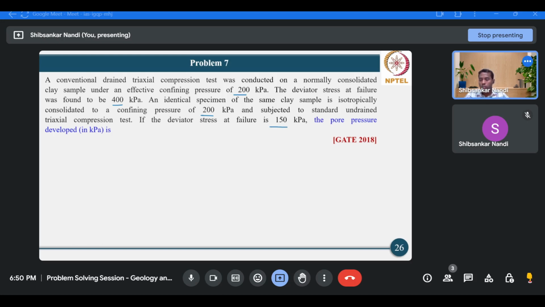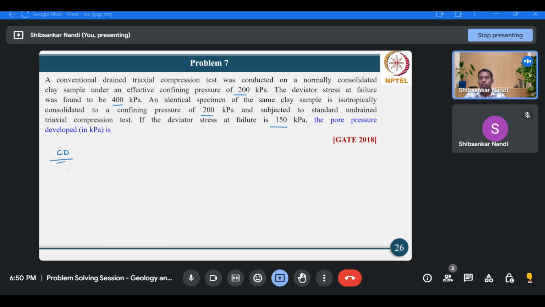So in this problem, we have to calculate the pore water pressure for the undrained case. The same sample is basically tested under drained triaxial compression and undrained triaxial compression, so two conditions are prescribed. For the first one, this is CD.